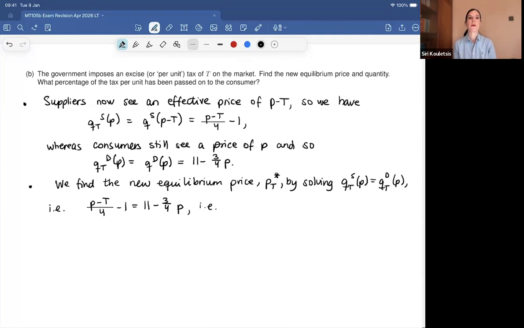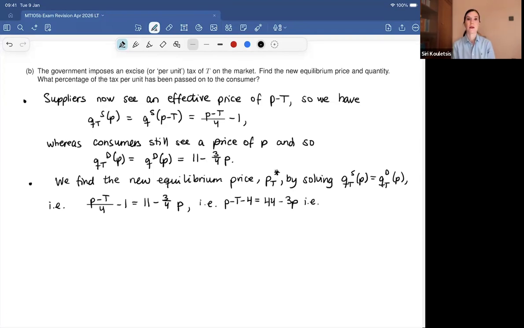So first thing I can do here, I can multiply both sides of the equation by 4 to get rid of the fractions. Then this is our new left-hand side, and this is our new right-hand side. And now we just need to bring it all together.